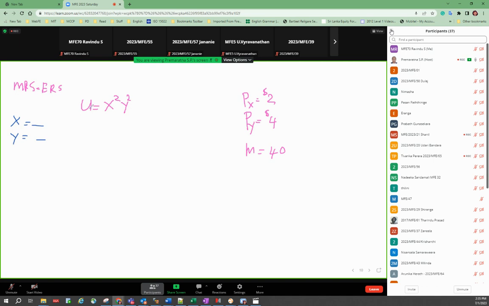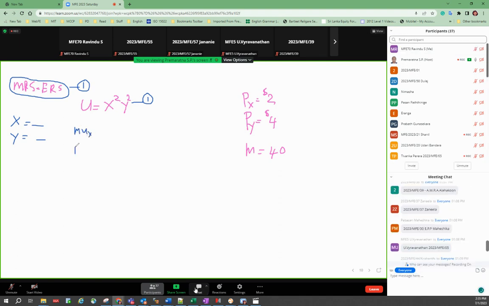I hope you have done. So to look at this condition, first you have to find MRS. So this, you can get the MRS. To get the MRS, you have to find MUX, then MUY. To get MUX, differentiate this utility function with respect to x.